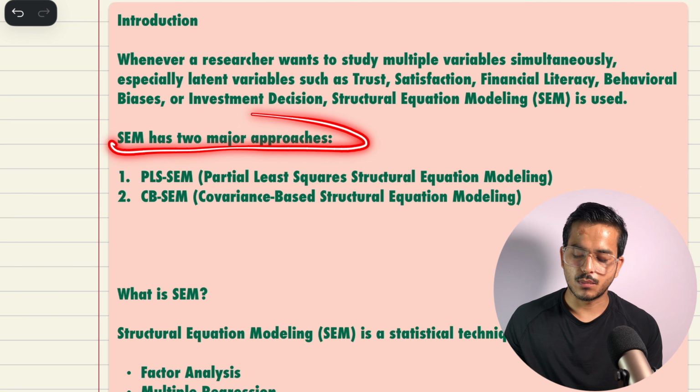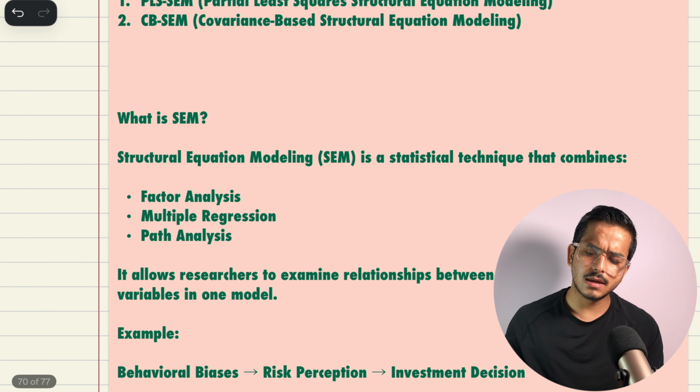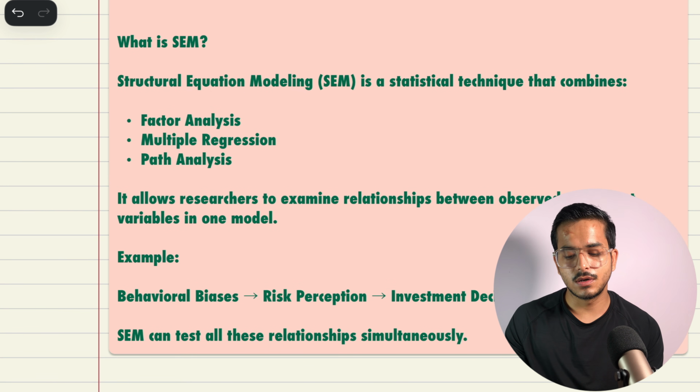SEM has two major approaches: PLS-SEM and CB-SEM. PLS stands for partial least squares, and CB-SEM stands for covariance-based structural equation modeling. These are used for different conditions that we'll be discussing as the video goes along.